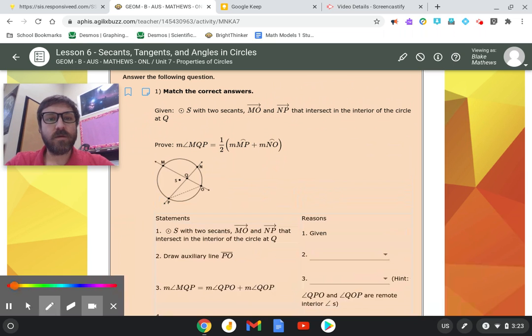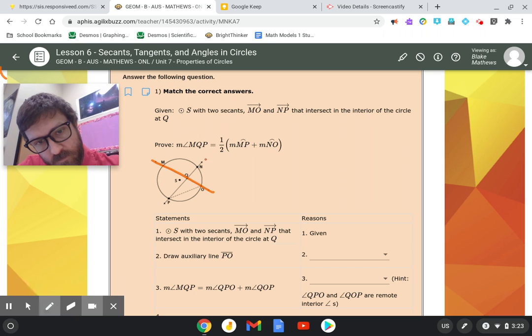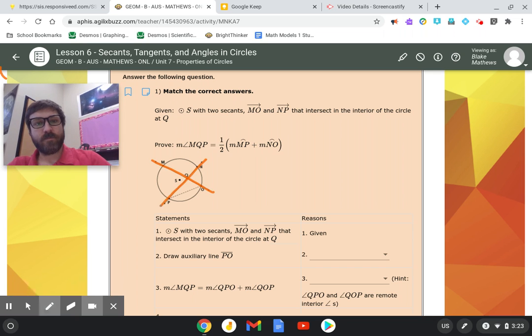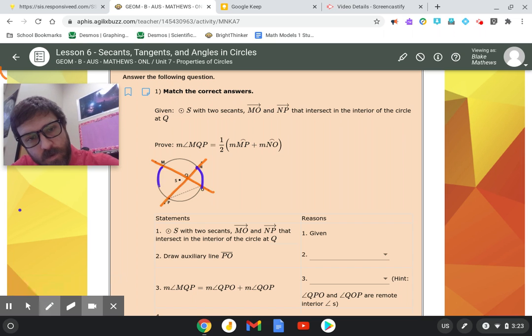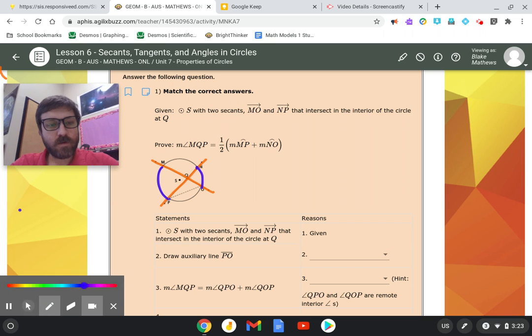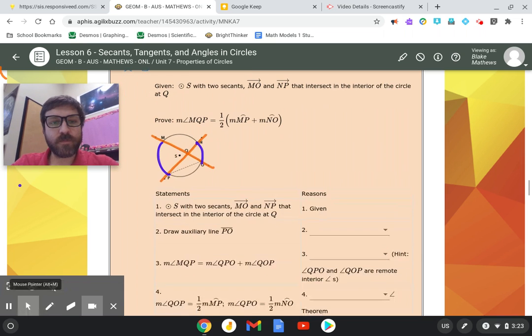All right. Given circle S with two secants, MO and NP, that intersect in the interior of the circle at Q. So we have secant and we have secant. Prove that the measure of angle MQP is 1/2 the measure of the two arcs here and here. We're going to walk through this proof together.